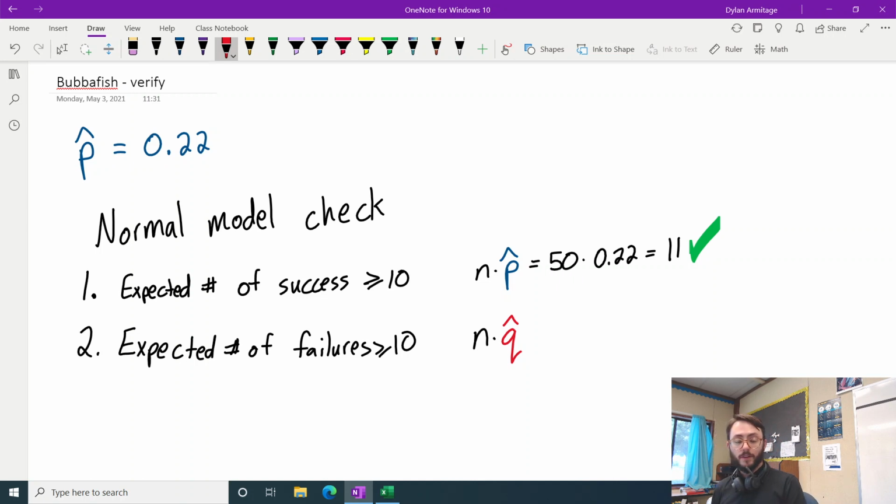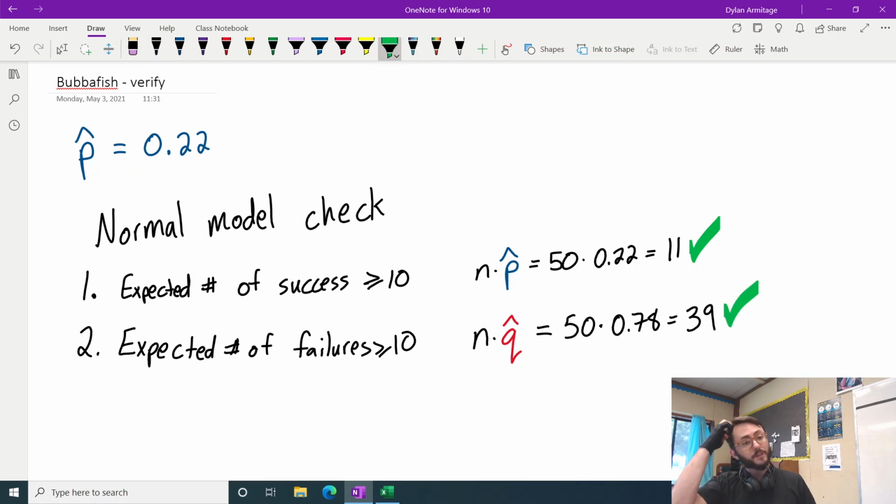So q hat is simply 1 minus p hat, or in my particular case here, yours will probably be different, it should be 50 times 0.78, which will give me 39. And yes, that is greater than 10, so that works. Cool.